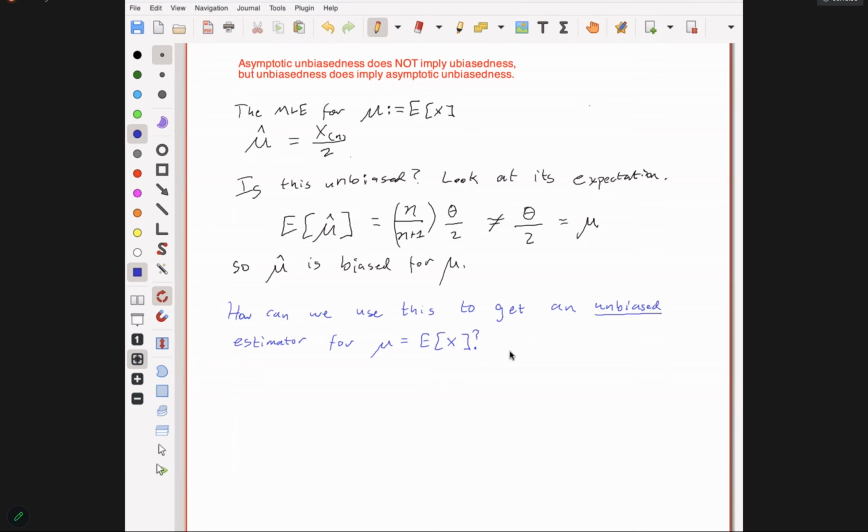Do you have thoughts on how we can use the MLE to get an unbiased estimator? I'll say that we will propose an unbiased estimator, which I will call mu tilde.